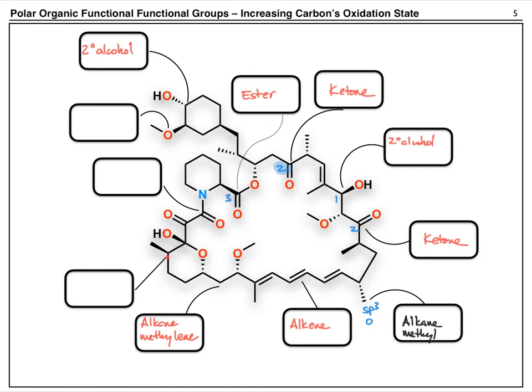Here we're pointing to a carbon that has 1, 2, 3 carbon bonds, 1 H bond, so that's an alkane. And we would classify that as a methine carbon.